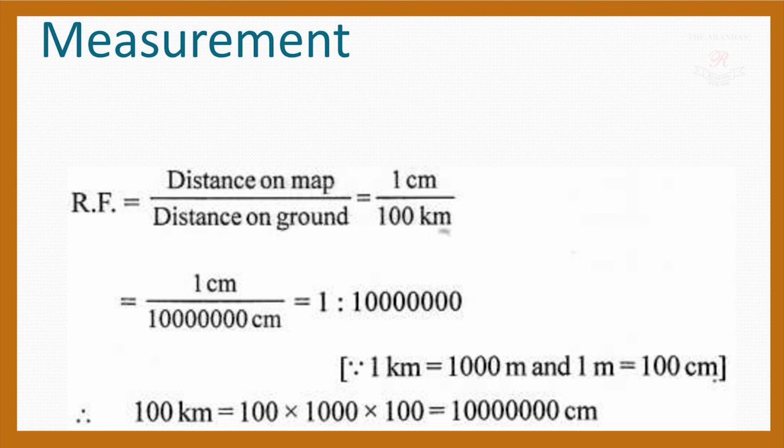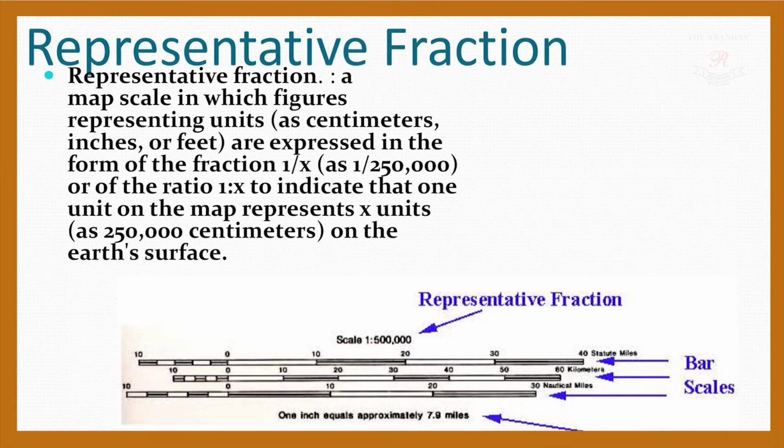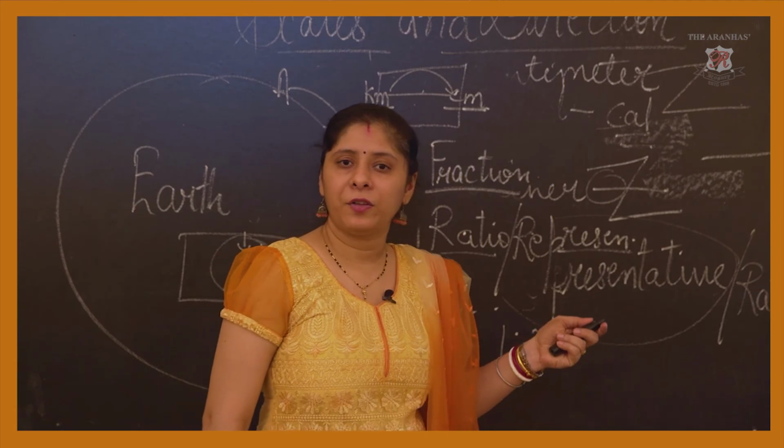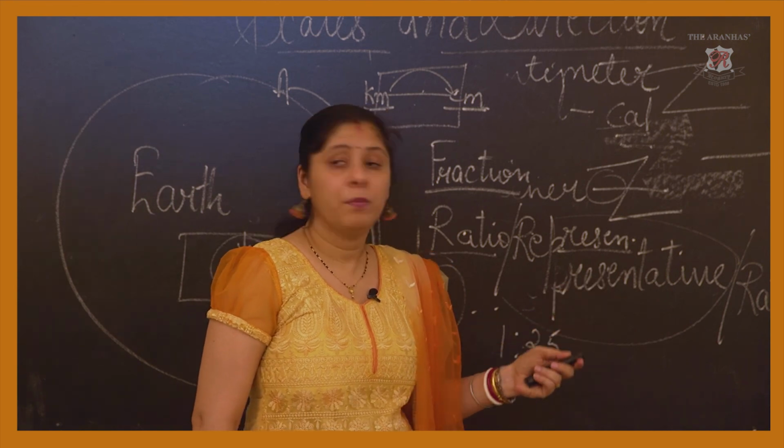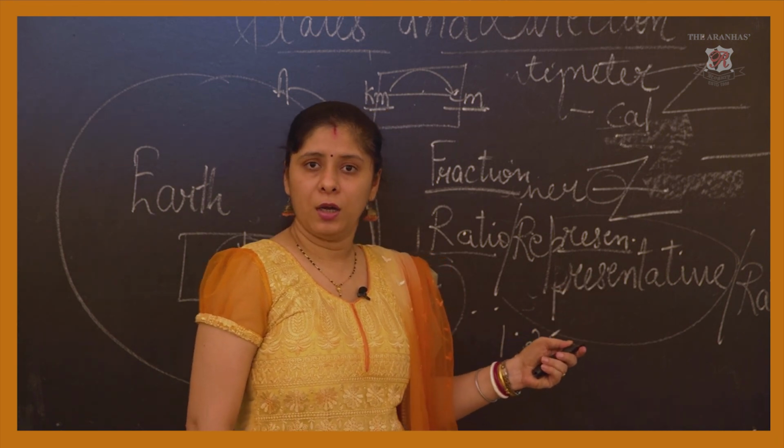By this we can find it out. The previous one, when I was discussing the representative fraction, this entire thing is upon the particular scale. Now this entire thing has been discussed through this map and this measurement formula.